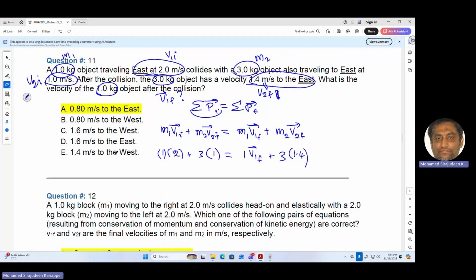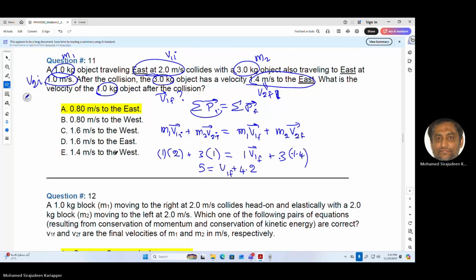All you do is just solve it. You don't even need a calculator for this, right? No, you don't even need a solving mode. Just what is this? 2 plus 3 is 5. And V1F, 3 into 1.4, you can even do in your mind. 3 into 4 is 12, 3 into 1 is 3, 3 plus 1 is 4.